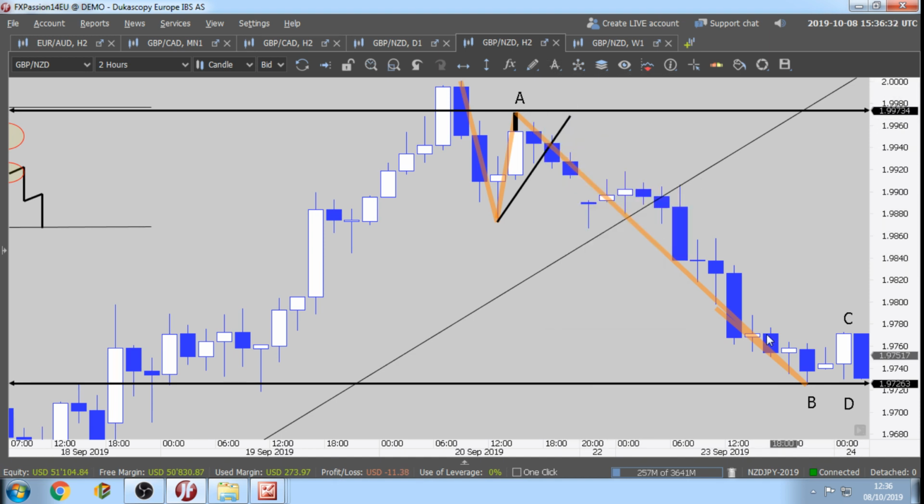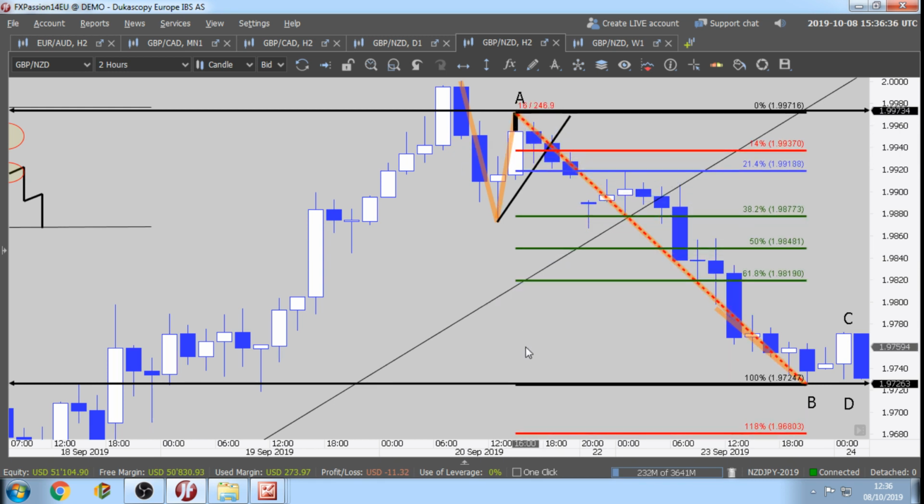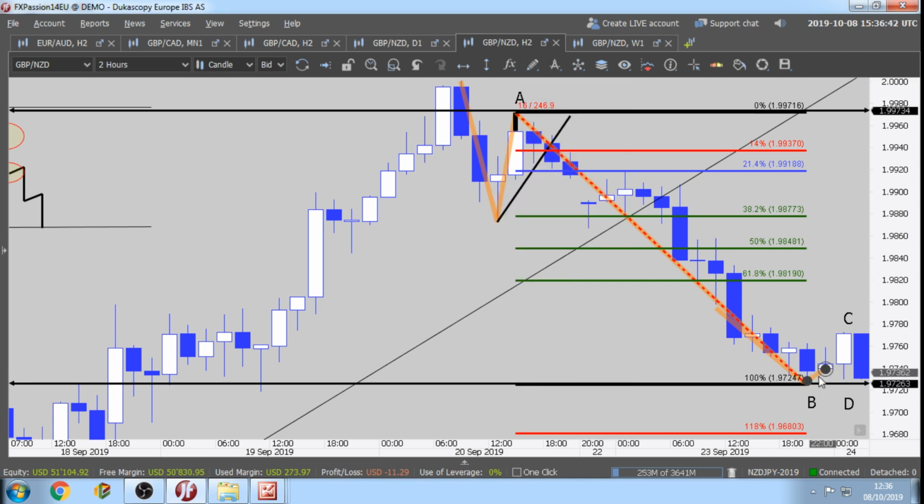The C is the highest point inside the AB boundary after the B, before the market hits the appropriate extension. So A to B, B to C. This is our C right now. Can you see, everybody? When you are going to monitor the market, the C is a point. I don't know what is going to happen in the future, but the C is a point at this point in time.